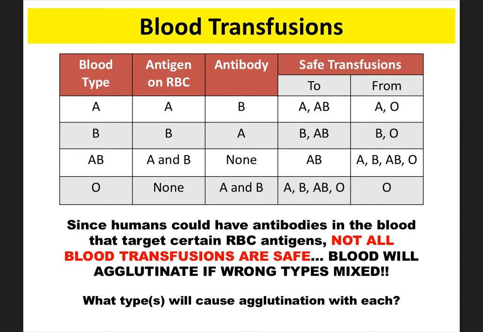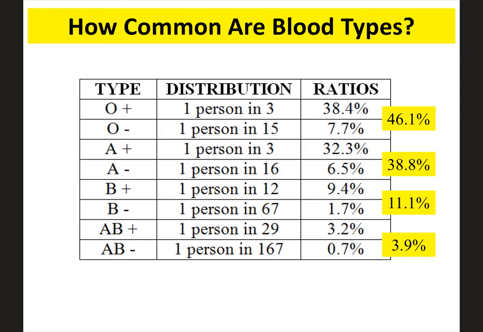So definitely look this table over. Make sure you understand this idea that you can only give to certain people and receive certain types of blood here. This slide is just showing you how common the different blood types are. So if you're type O blood, that's about 46% of all people.